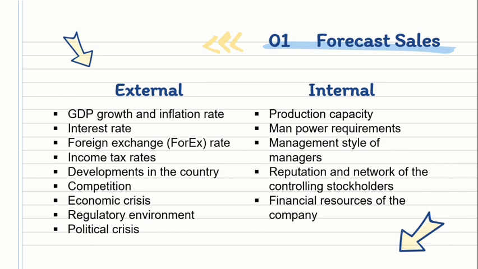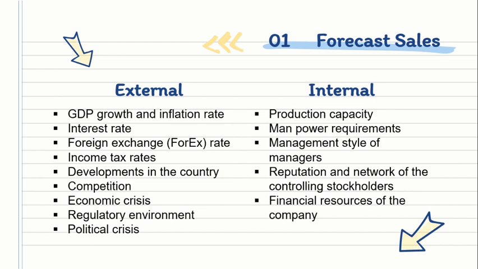Competition, meaning our competing businesses. Then, we have economic crisis, the regulatory environment, if the industry where our business belongs is strictly regulated, and of course, the political crisis.